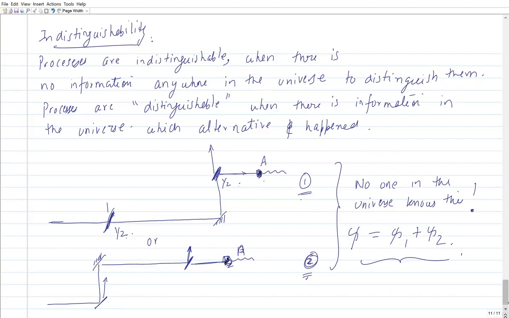So now the question arises, is there any way to see which of the alternatives happened?